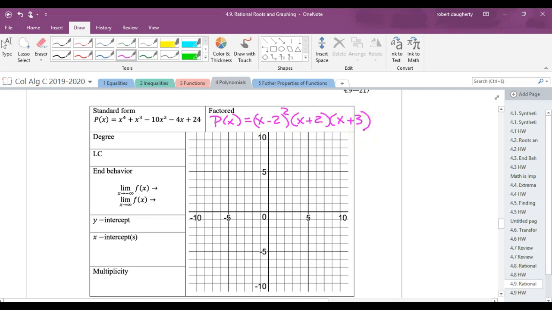Now let's graph this guy. What's the degree? 4. What's the leading coefficient? 1. So what's this graph going to look like? It's going to go up on both ends. So that means the answer to both these questions is infinity. What's the y-intercept? It's 0, 24.